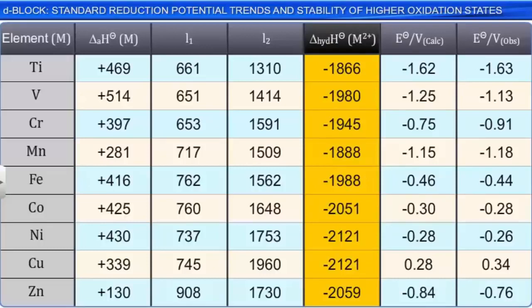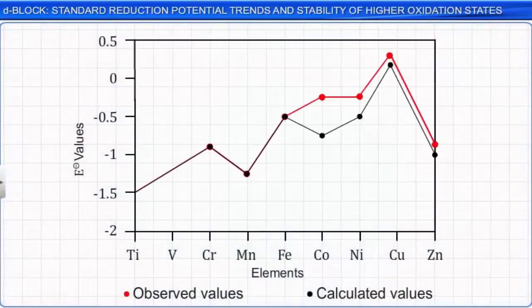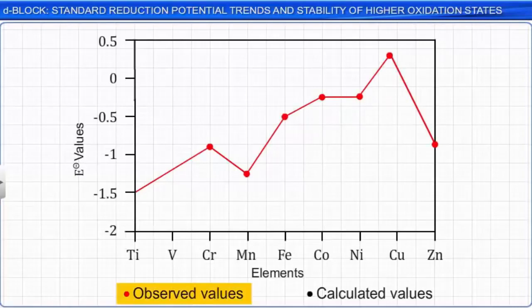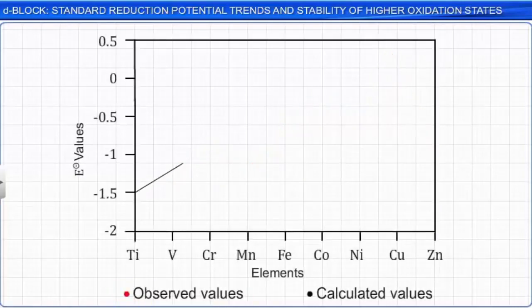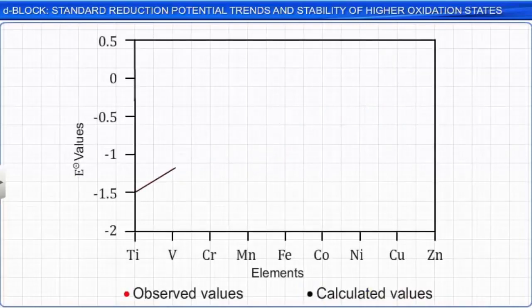The plots of the experimental and calculated values of the reduction potentials are shown in the figure. The curve in red corresponds to the observed values, while the one in black corresponds to the calculated values. The plots indicate that the experimental and calculated values are in close agreement with each other.